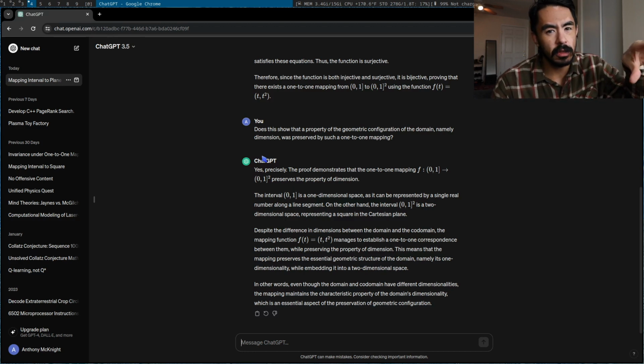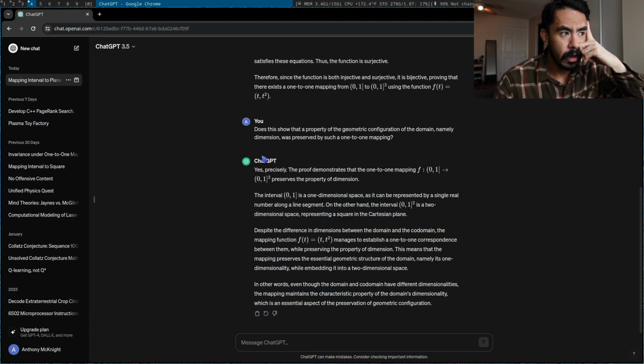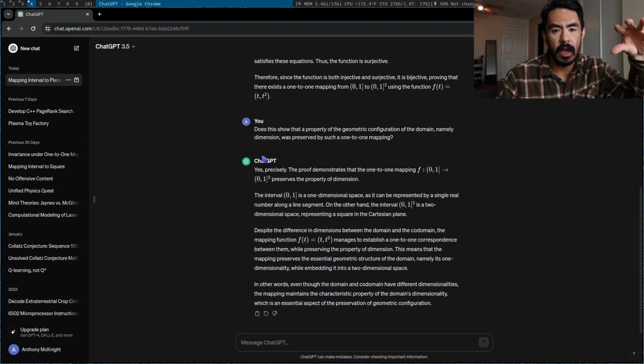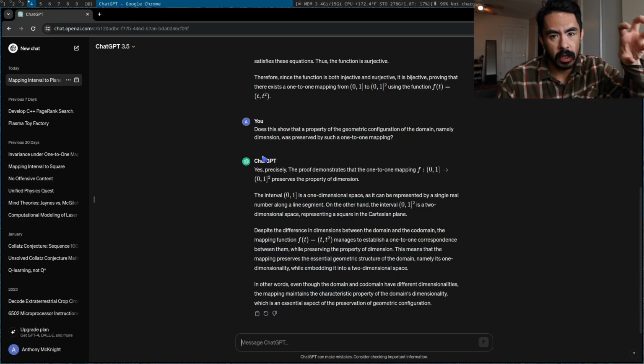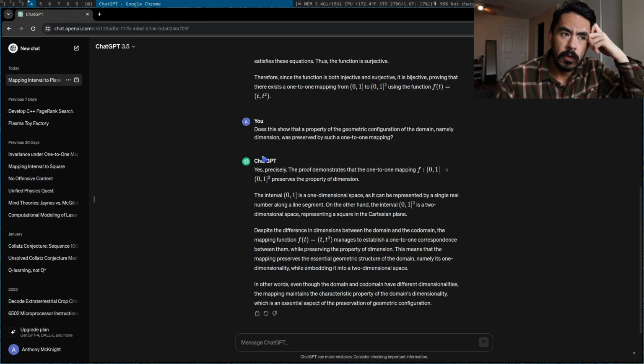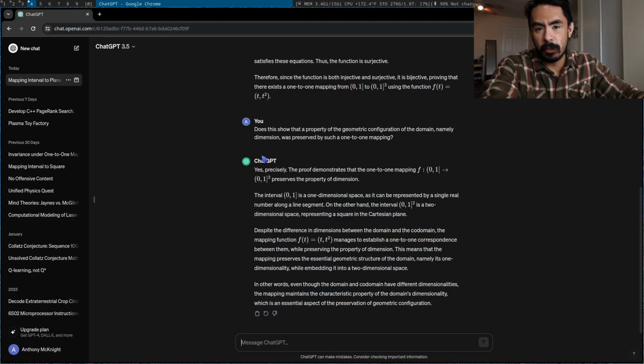I wouldn't really call it a hallucination, but for all of the glitz and glam of these large language models, there's clearly a deficiency in the geometric, mathematical reasoning capabilities of ChatGPT. And if you know about mathematics, you can pick apart these kinds of things. This is just an example, okay?